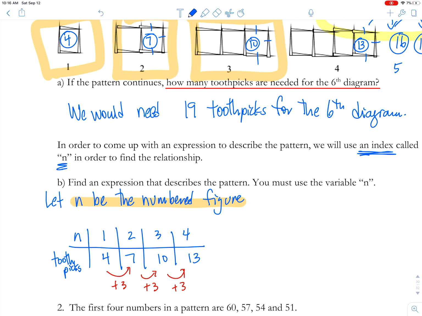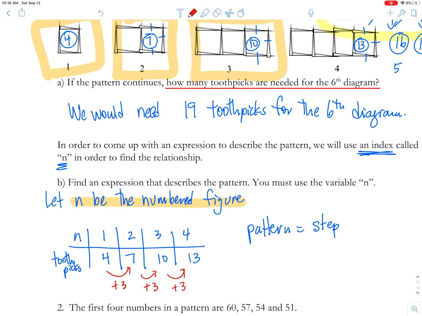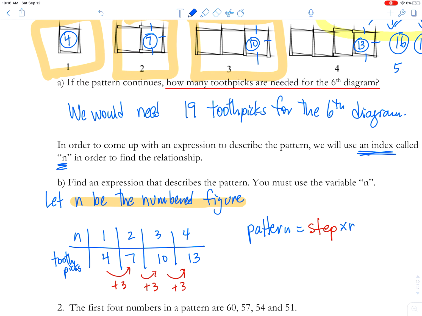So for our pattern, I'm going to show you a formula that works for any of these linear ones where you increase by the same amount each time. So our step, and this here was the step. So maybe I will write it in red. We're going to take our step, whatever the step number is, and multiply that by n.